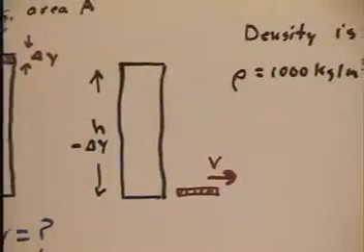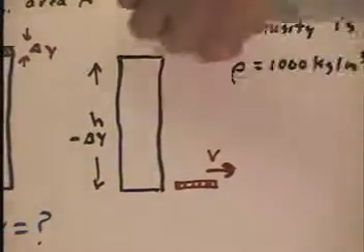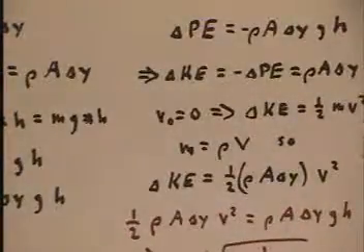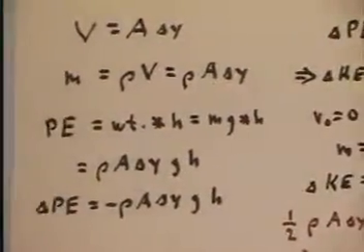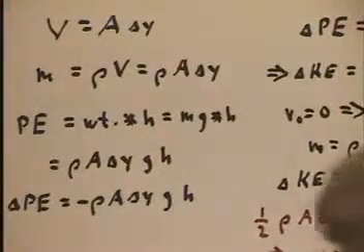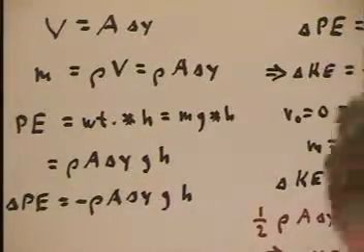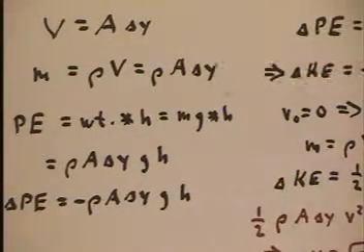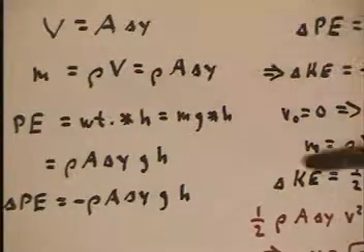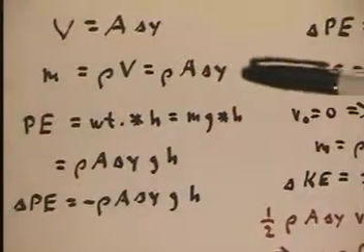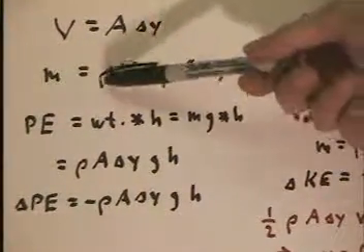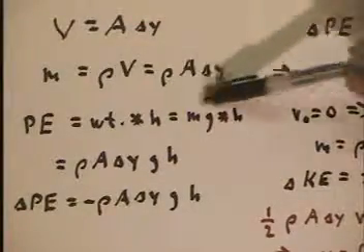Density, as we've said, is rho equals 1,000 kilograms per cubic meter. We follow the same sequence of calculations as before. The volume is A delta y, the cross-sectional area times the thickness of that small segment. The mass is rho times the volume, rho A delta y.